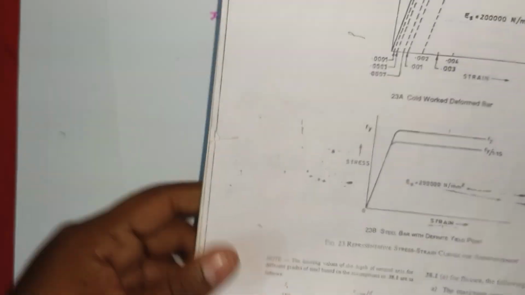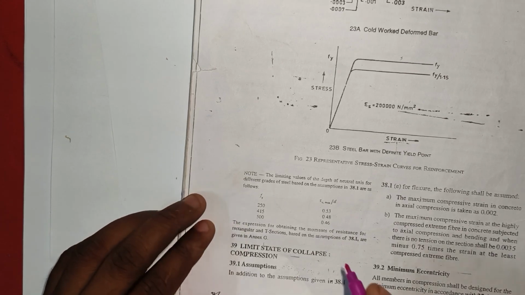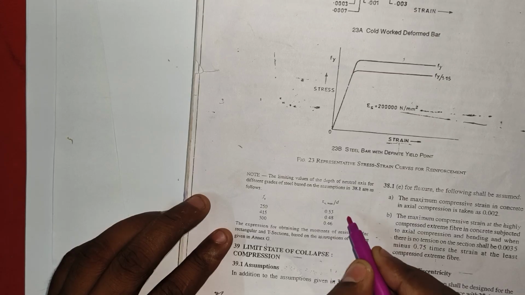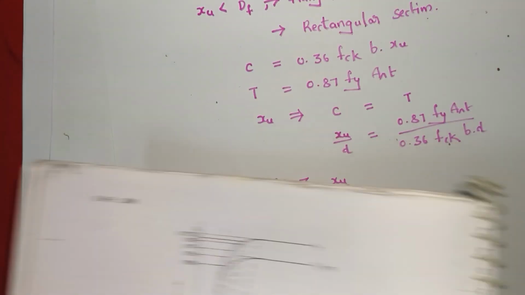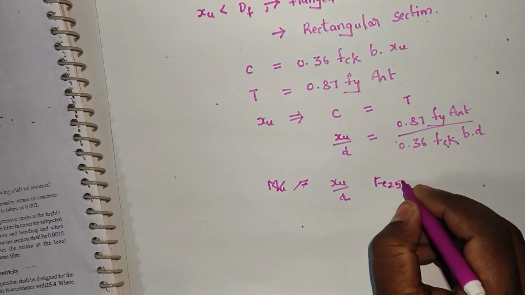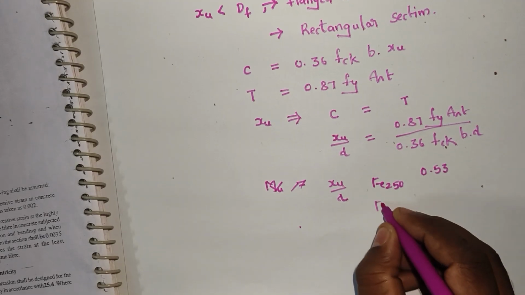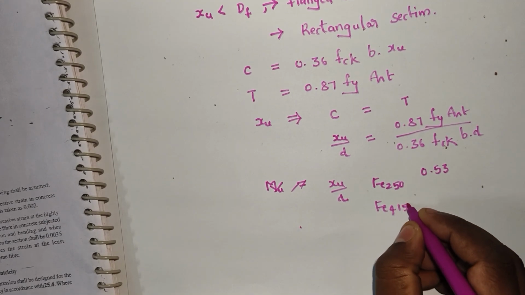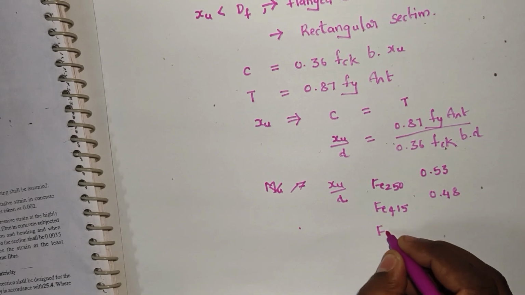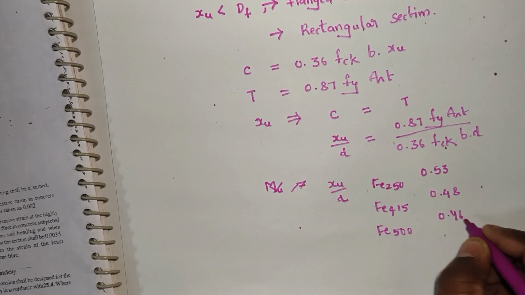See page number 70, where you have the limiting values for depth of neutral axis. For Fe 250, xu max by d is 0.53. For Fe 415, this value is 0.48. For Fe 500, this value is 0.46.